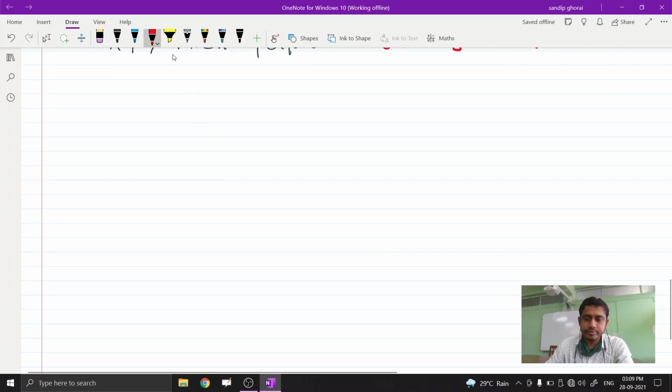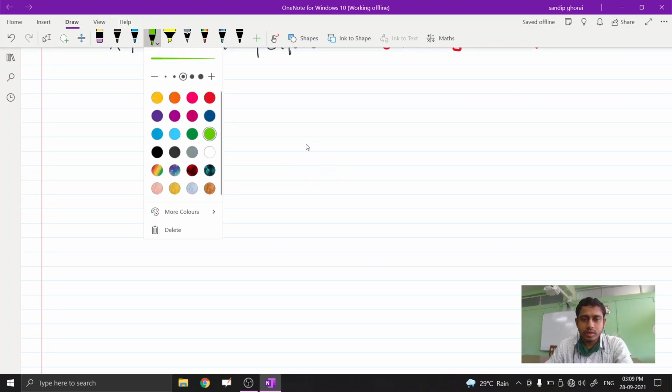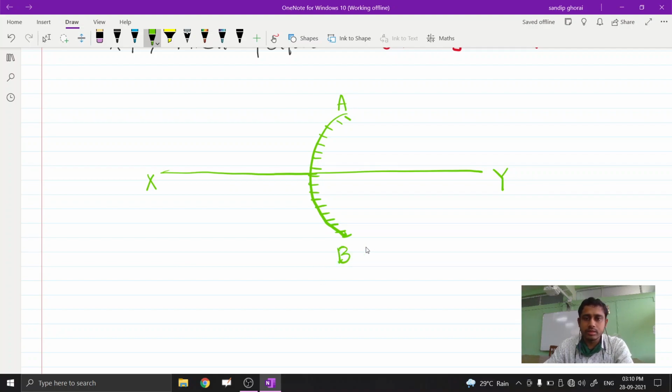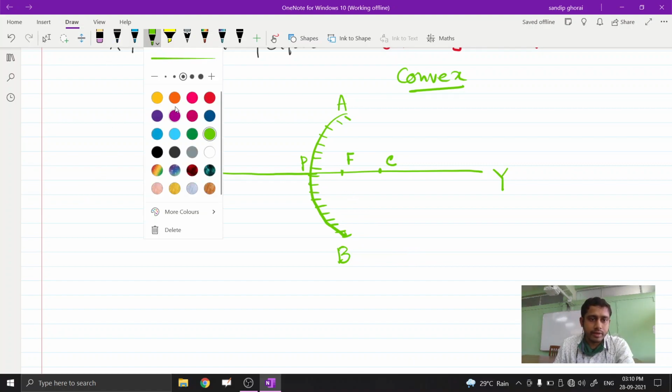If we take a convex mirror like this, with this principal axis, X and Y, and AB the mirror, here P is the pole, C is the center of curvature, F is the focus point, PF is the focal length, and PC is the radius of curvature.